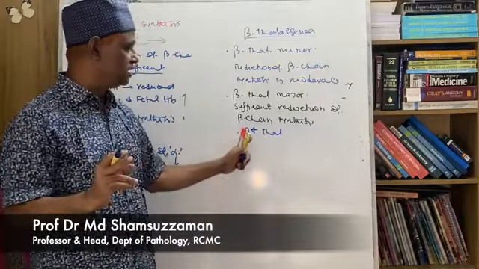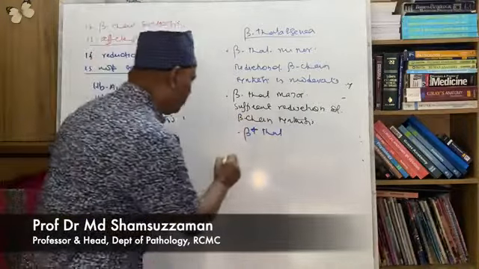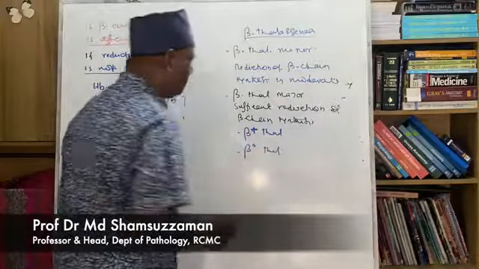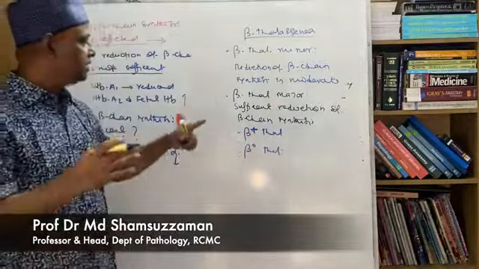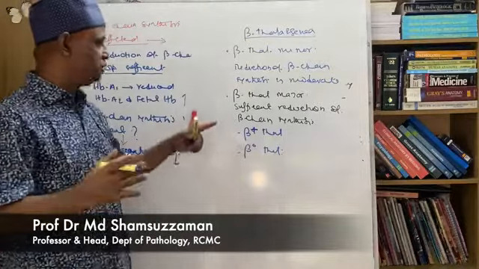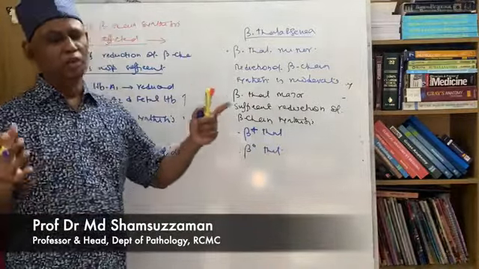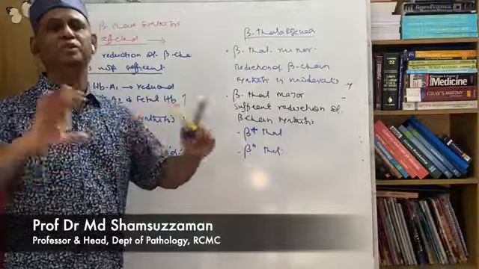It is called beta plus thalassemia, and another is beta 0 thalassemia. What does it mean? Here the reduction of beta chain synthesis is sufficient, and the sufficient reduction means almost zero synthesis or no synthesis at all.